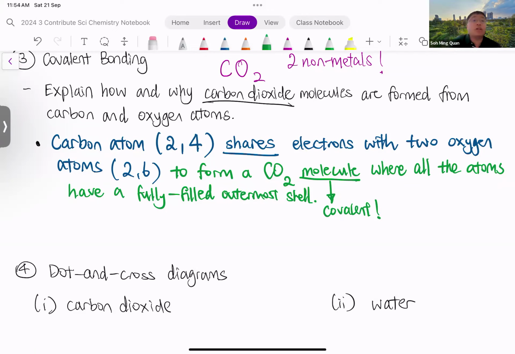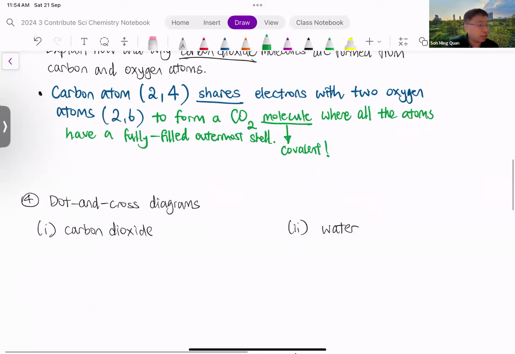So now how do I draw CO2's dot and cross diagram? The concept is the same. First, you need to know that it's two non-metals, carbon and oxygen. If it's non-metal, it's covalent. It's sharing. How do you show sharing? So now let me demonstrate.